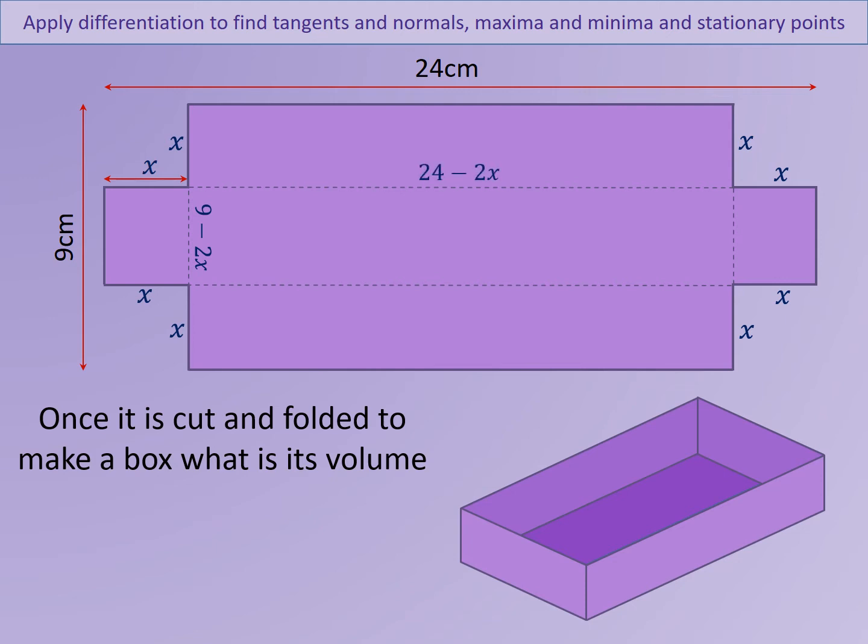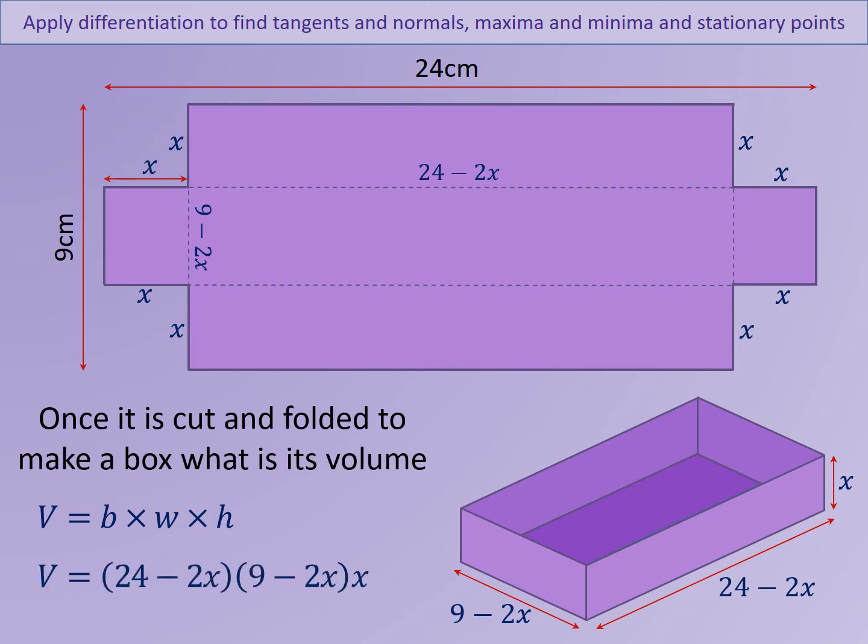There will be a length of 24 minus the 2 x's that I've taken away, and then as shown in the 3D diagram in the bottom right hand corner, that will also mean that the height of the box is of course x. And to find the volume of my box, I would now multiply those three dimensions together, and that will give me my volume.